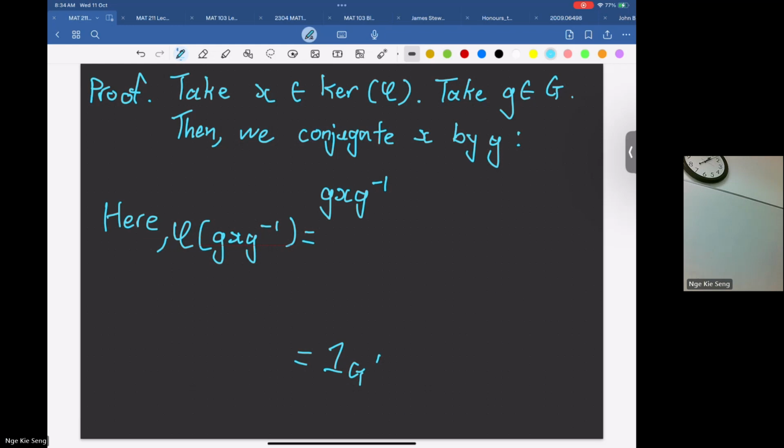Yes, homomorphism. So phi of g x g inverse equals phi of g, phi of x, and phi of g inverse. So what's the next thing we can do?